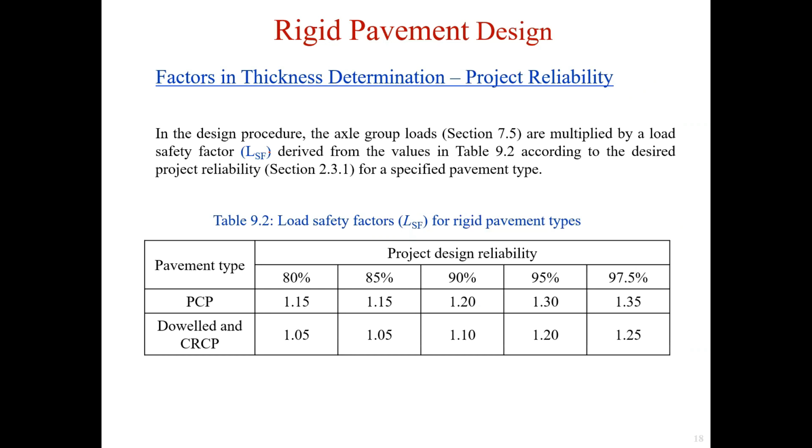The final factor is the project reliability. During design, the actual axle loads are multiplied by a load safety factor, LSF, for specified rigid pavement type. For PCP and DOT and CRCP, here the DOT mainly represents the jointed reinforced concrete pavement, JRCP.